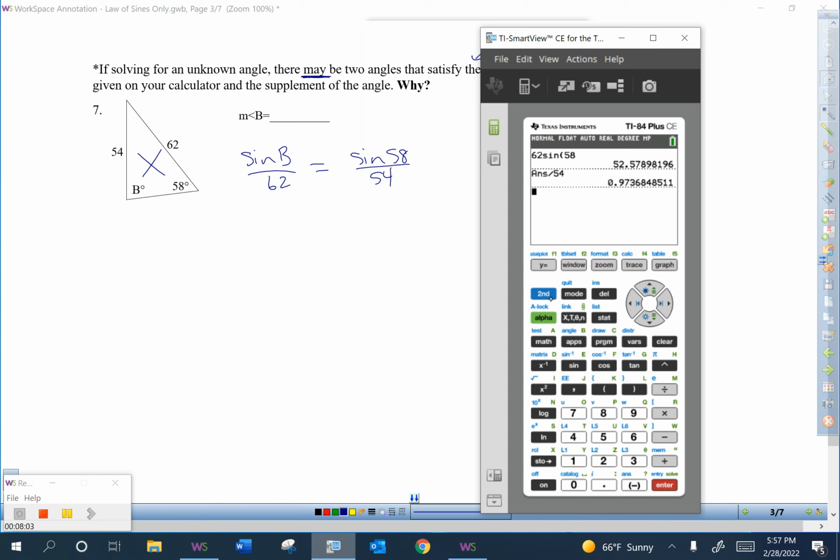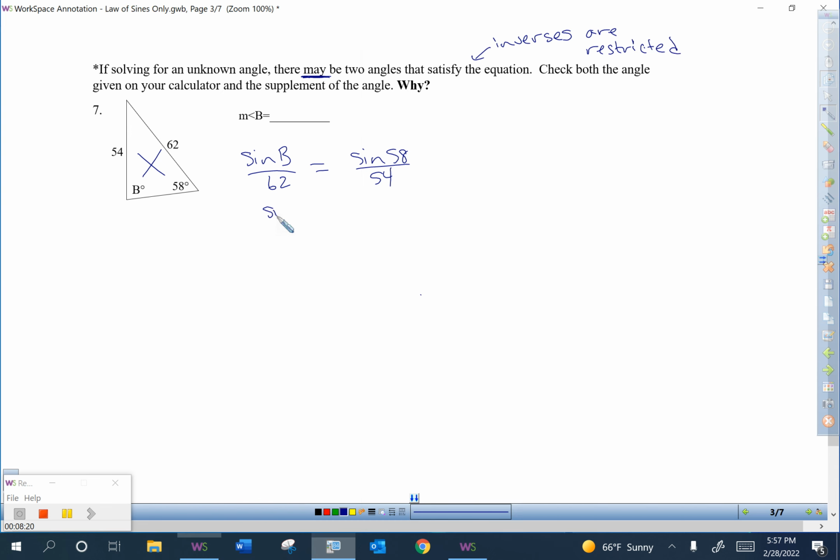That's our ugly decimal. I'm going to write it down, and I'm going to ask that you write it down as well for this one because we want to talk about why this is special. So sine of B is about 0.9737, and then take the inverse of that. We get about 76.8 degrees.